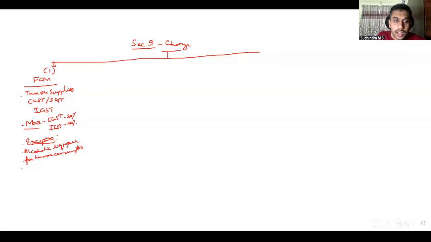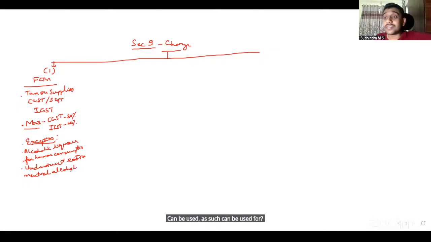Spirit. Undenatured extra neutral alcohol can be used as such, and can be used for medicinal preparations as well. It can be used for human consumption. If you add certain aspects there, as such alcohol cannot be consumed.